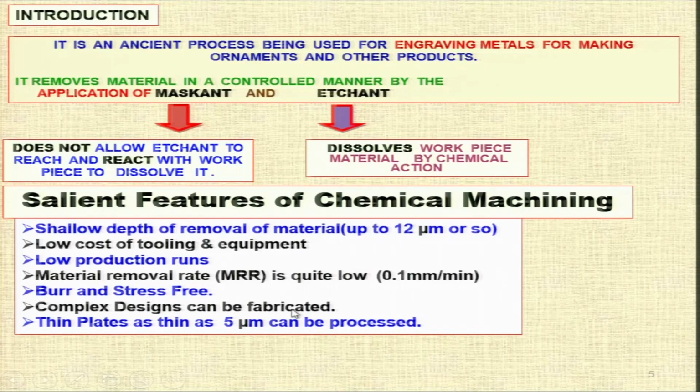Complex designs can be fabricated with this particular process. This is a very special characteristic and advantage of this process. And thin plates as thin as 5 micrometer can be processed by this process, and this is a very unique advantage and application of this process.